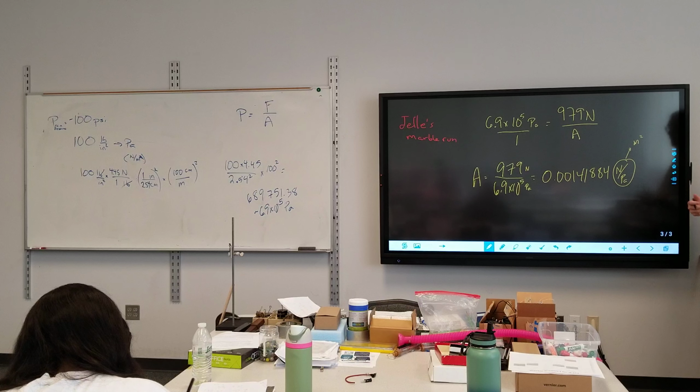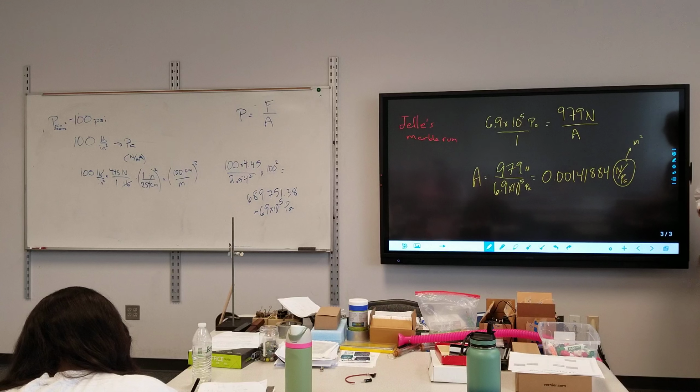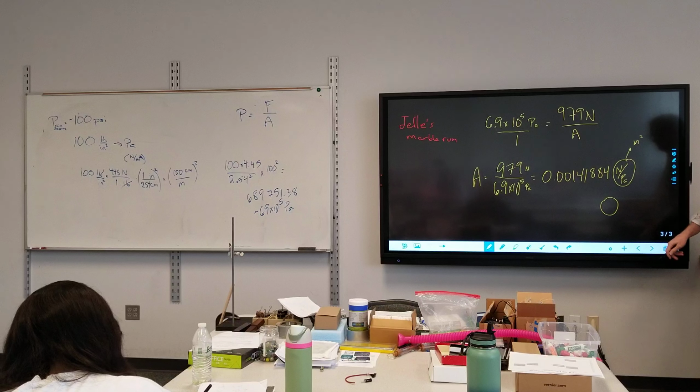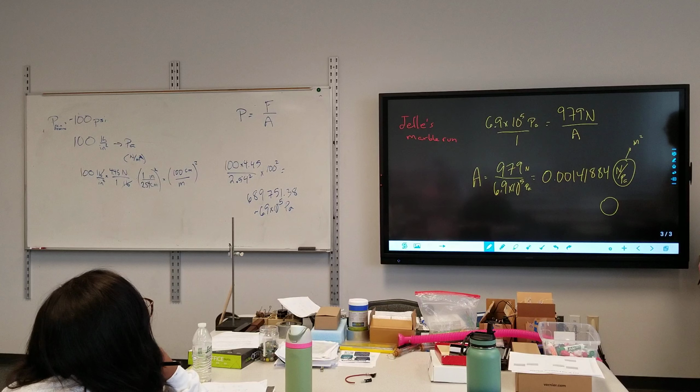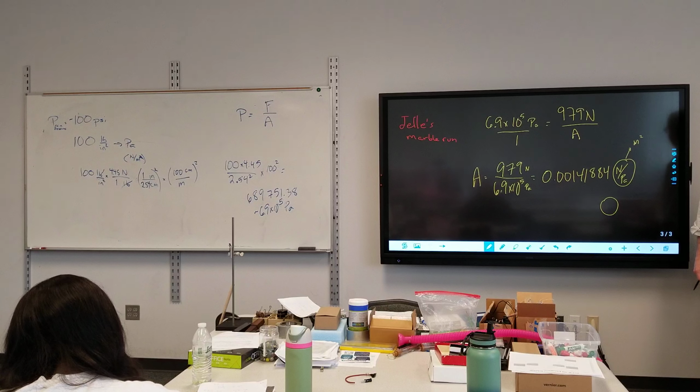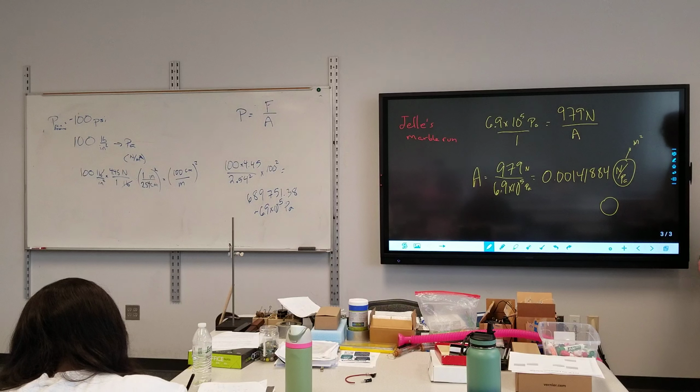Now, not necessarily a convenient unit when talking about something that small. I mean, exactly how big is that? Let's get it into square centimeters because that's going to be much easier to work with.